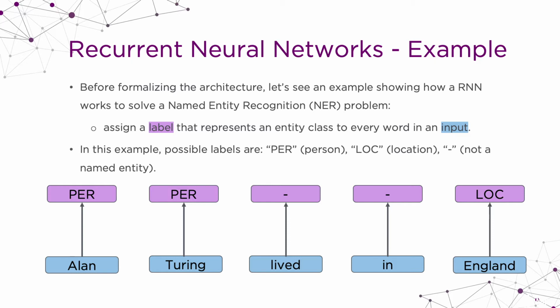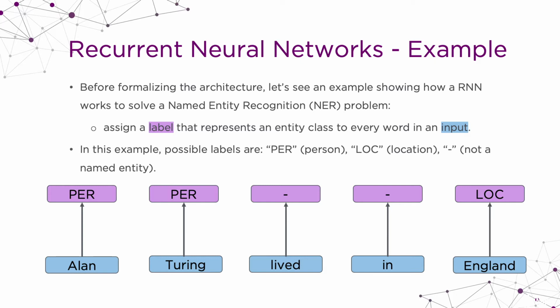And this label is telling me if the word is an entity and which kind of entity it is. In this case, I have only three labels: person, location, and this dash label. The dash label is a special label just to indicate that the word is not an entity.